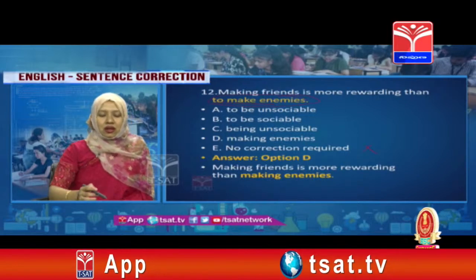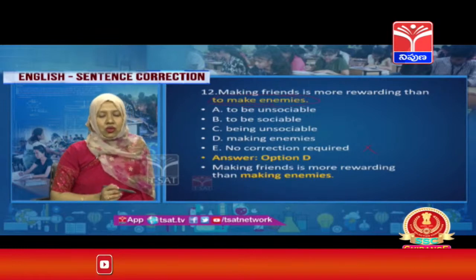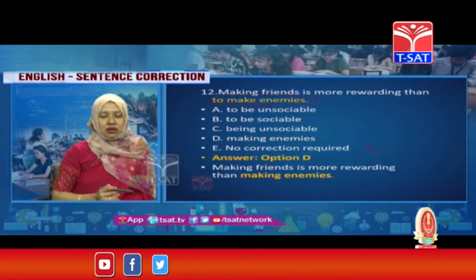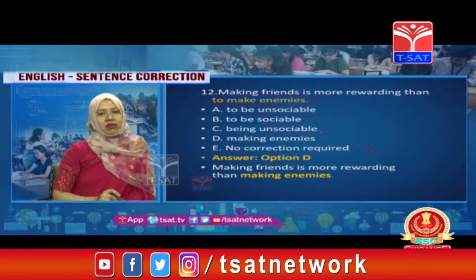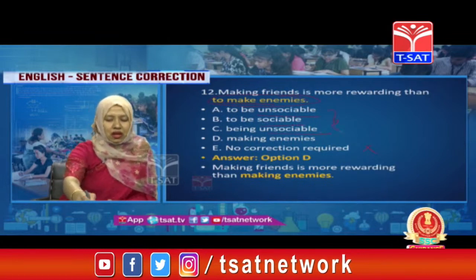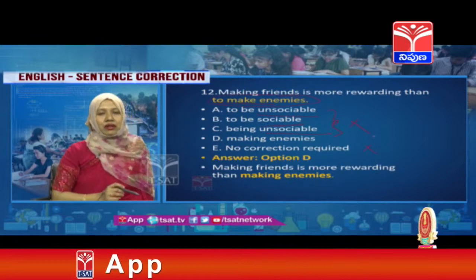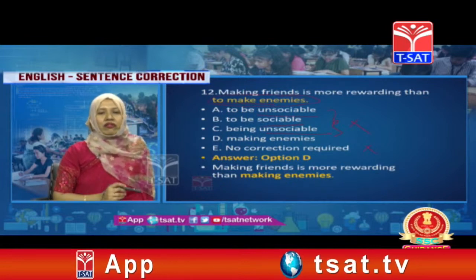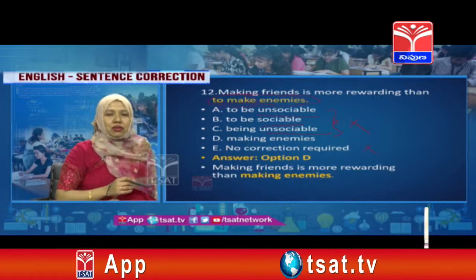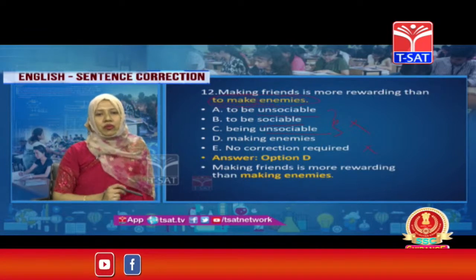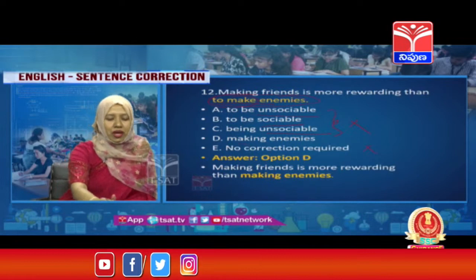Eliminate this. Here the word enemies is used. It is ending with enemies. And here sociable, unsociable words are given. So, all these options are wrong. Eliminate this. Now, we are left with only one option. Here there is a mistake in the usage of the verb. To make is used instead of making.